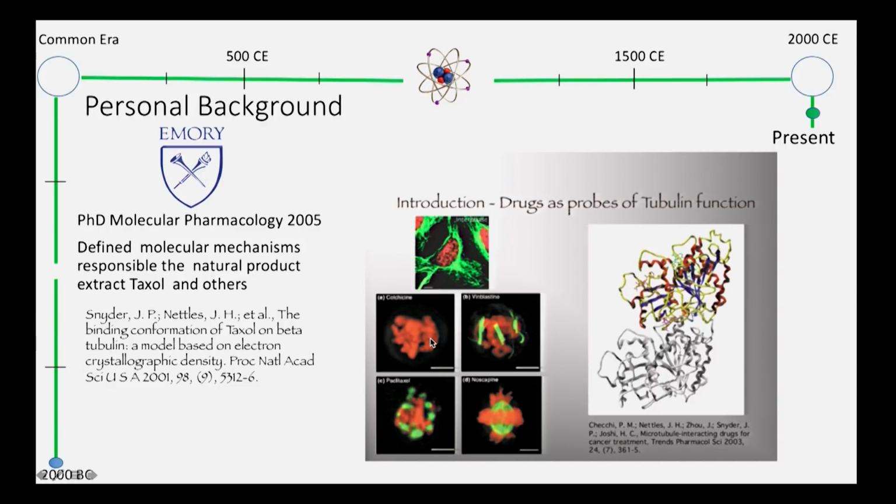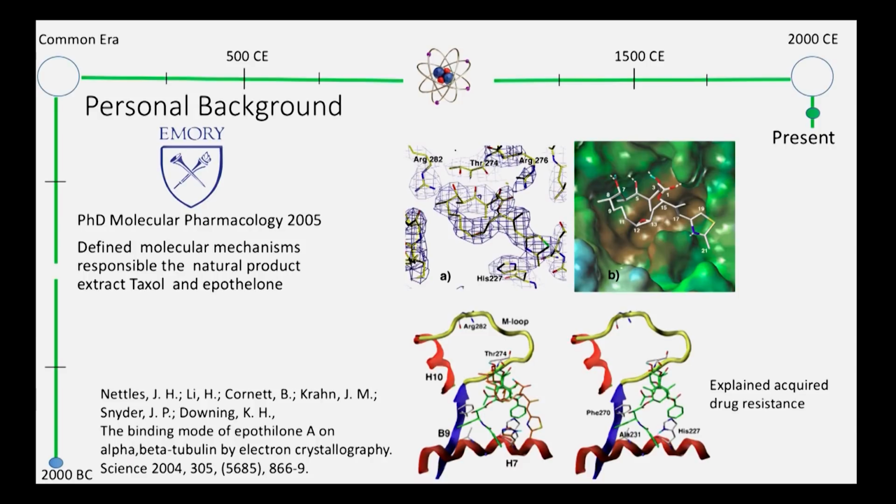We can explain these things using electron microscopy, which is used to collect high-resolution diffraction data at a molecular level, and then we can build molecular models within that data to understand features responsible for both the activity of these compounds and also acquired drug resistance that occurs over time.